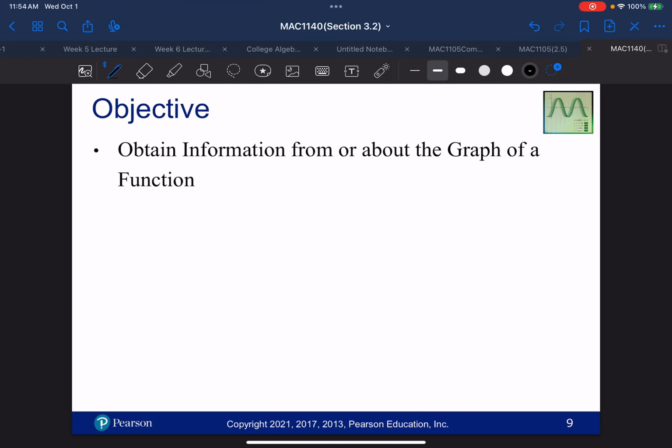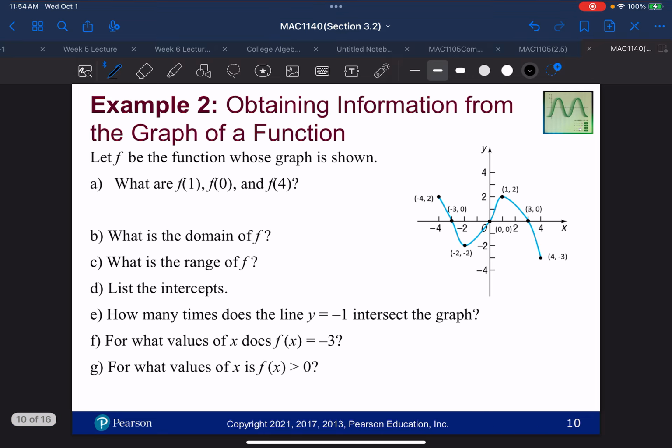Okay, all right, now we're going to talk about how to obtain information from a graph. I have these questions here, A through G, and we're going to be using the graph on the right to answer them. The first question says, what are f of 1, f of 0, and f of 4? If you remember, f of 1 means what is the y value when x is equal to 1.